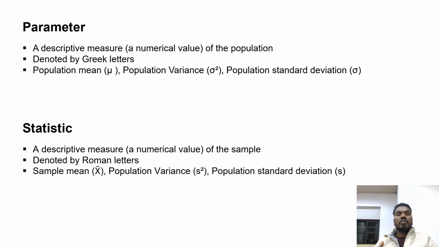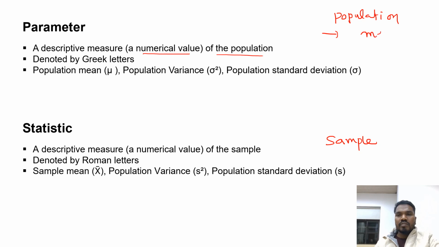So here the parameter is a numerical value of the population. As I said, there are two things, one is the population, the other is the sample, right? There are statistical measures such as mean, variance, standard deviation, right?